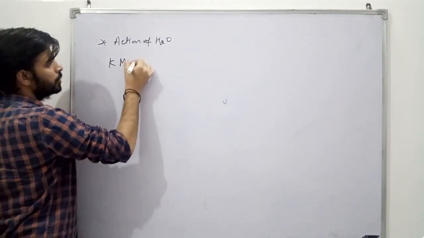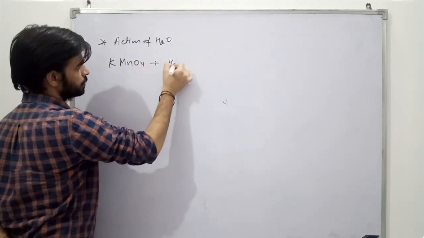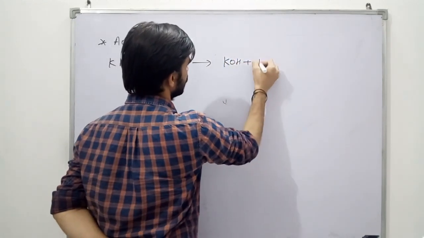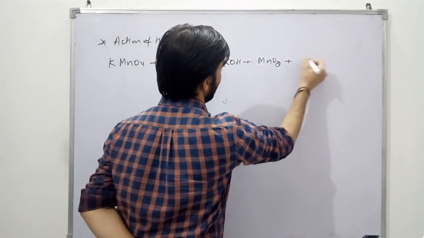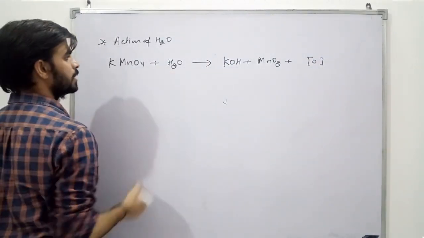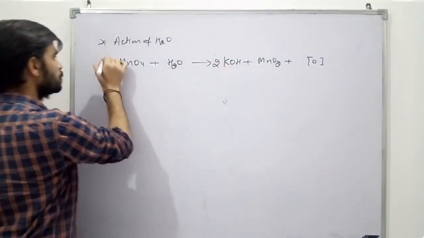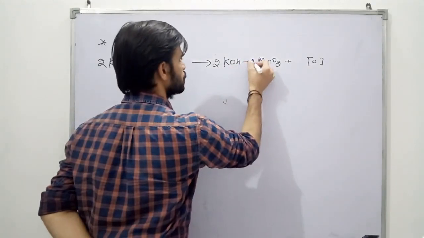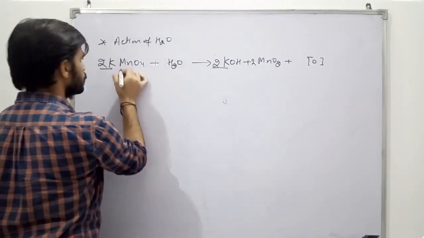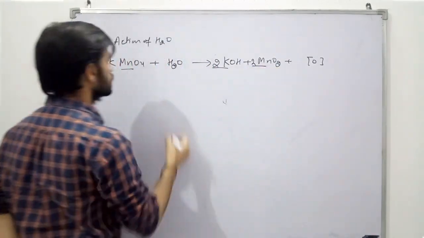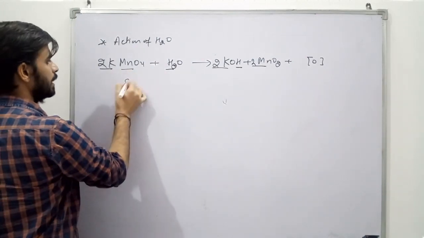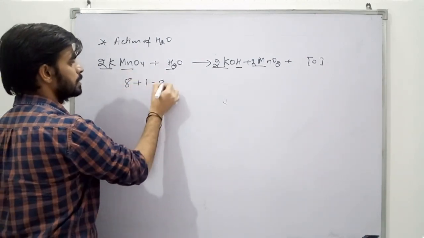When KMnO4 is treated with water, it converts into KOH, manganese oxide and oxygen. So we have 2 hydrogen, so we have to use 2. Now 2 potassium, 2 manganese, 2 hydrogen. Now check the oxygen. 4 times 2 is 8 oxygen plus 1, that is 9 oxygen.